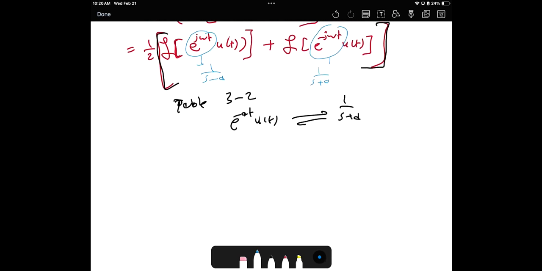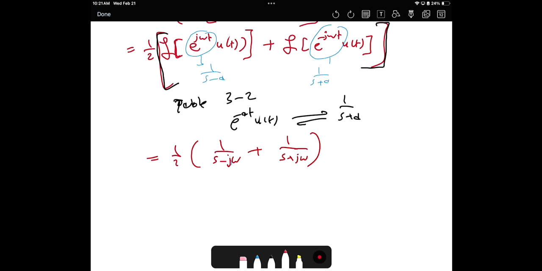So it will be equal to 1/2 times 1 over s minus j omega, plus 1 over s plus j omega, okay? Divided by 2.